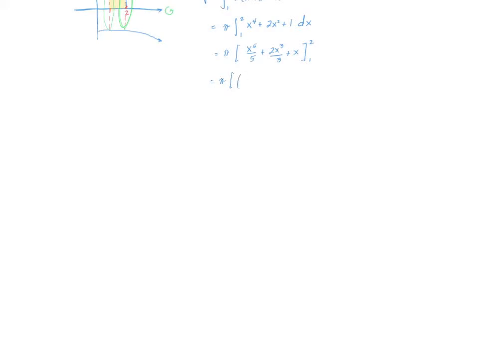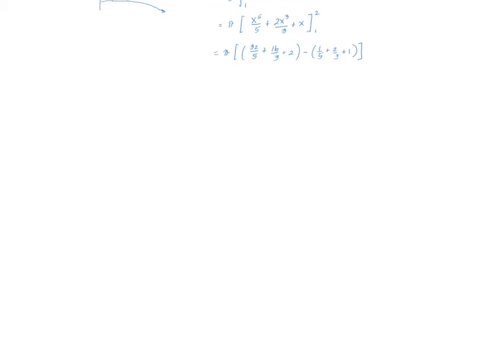If I put in 2 for x, it looks like 32 over 5 plus 16 over 3 plus 2, minus 1/5 plus 2/3 plus 1. After we do the math, I believe it's going to be 178 pi over 15.